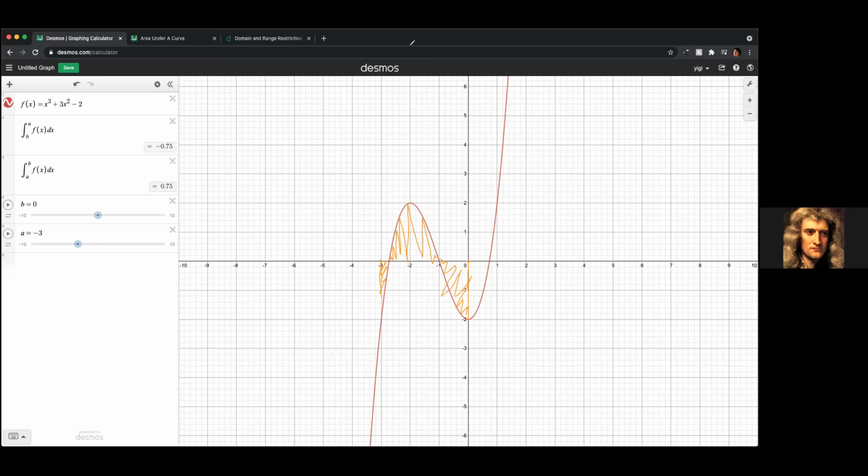That was kind of sloppy, but whether I'm taking that area from 0 to 3 or -3 to 0, it's still going to be the exact same amount of area. So in a sense, the total area is going to be the same backwards and forward.